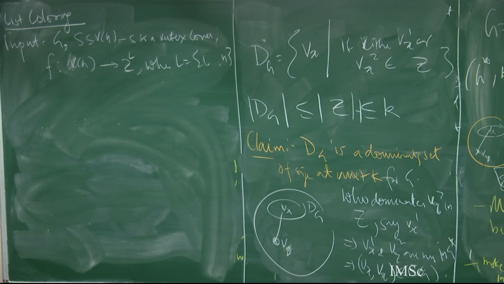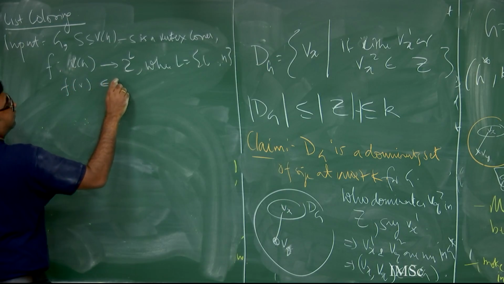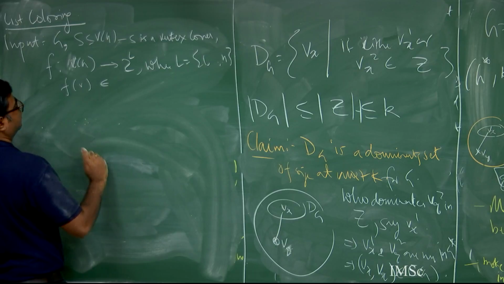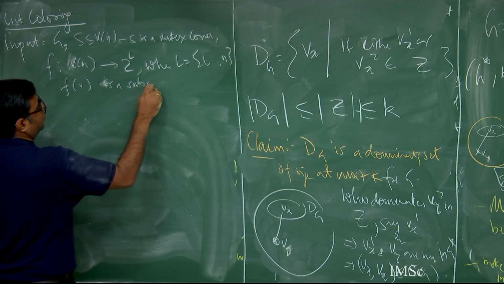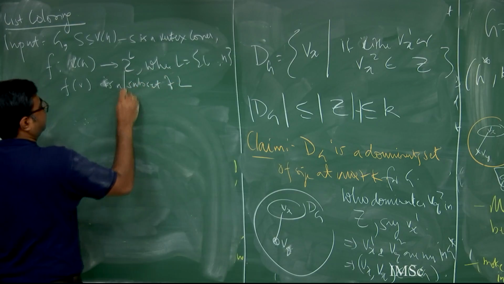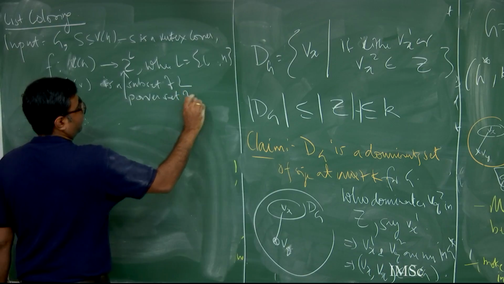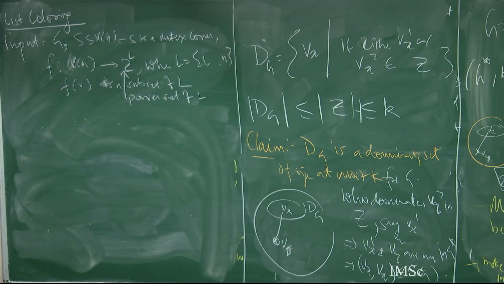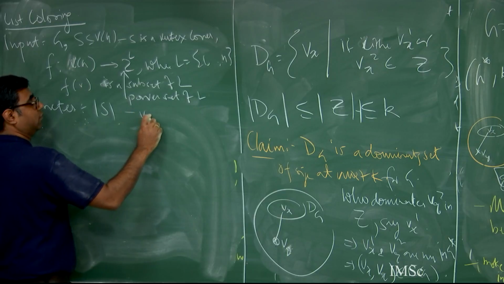So f of V is a subset of L, and this notation denotes the power set of L. Parameter is S, the vertex cover size.